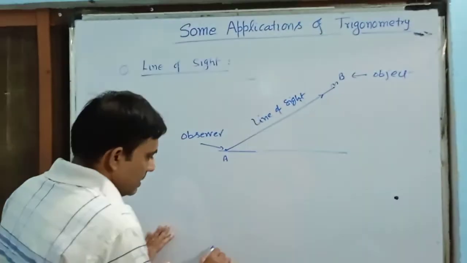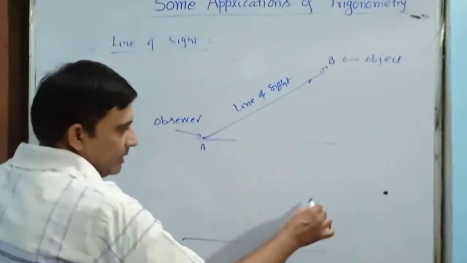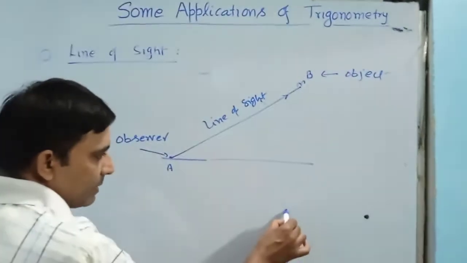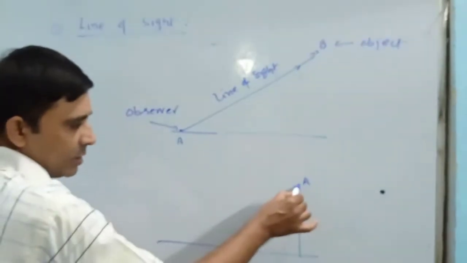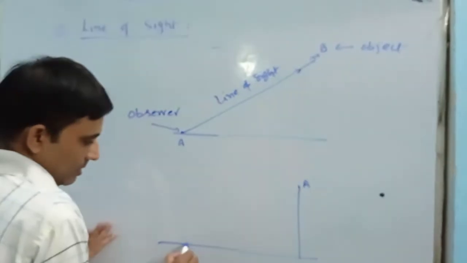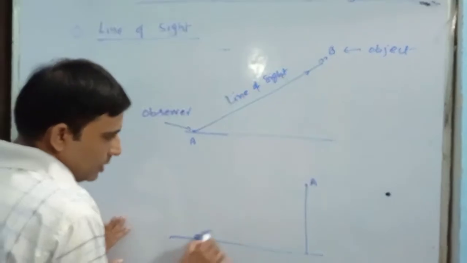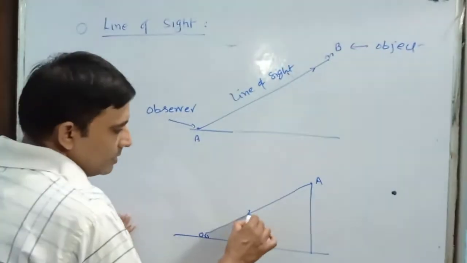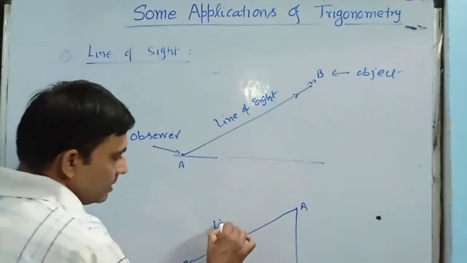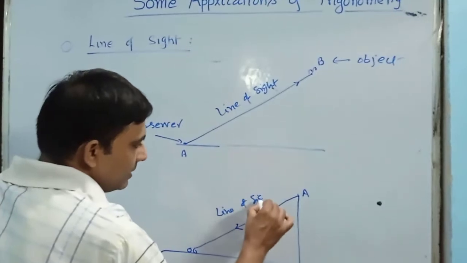Suppose it is a building and a person is here at this point and he is looking at a car here on the road. Then this direct line is line of sight.